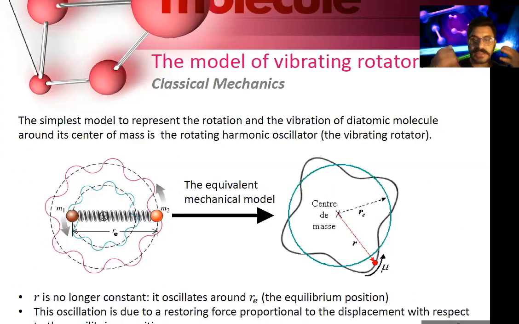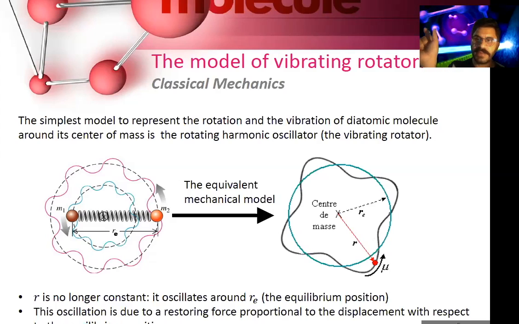Now, just visually speaking, if the question comes to your mind, how would a molecule be rotating and vibrating at the same time? Well, here's the answer. It's like a harmonic oscillator, or obviously we have seen that it's going to be the treatment of an anharmonic oscillator, but for visual reasons, think about a harmonic oscillator, like one of the molecules just behind me.